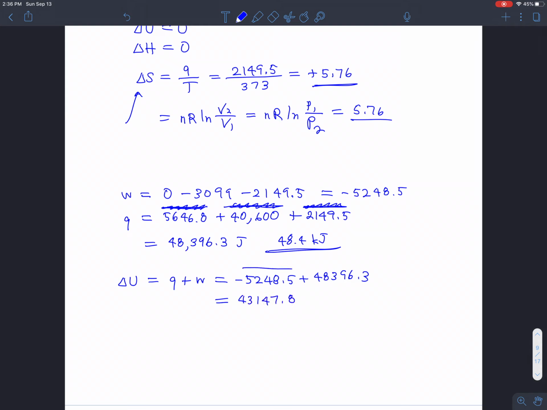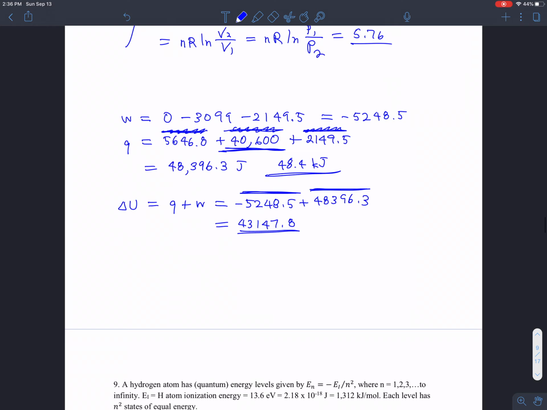So notice the work caused us to lose a little bit of energy, but the amount of heat that we put in vastly dominates that. So the overall energy change is positive, but notice that most of that energy change is due to the heat we had to put in to vaporize the water.